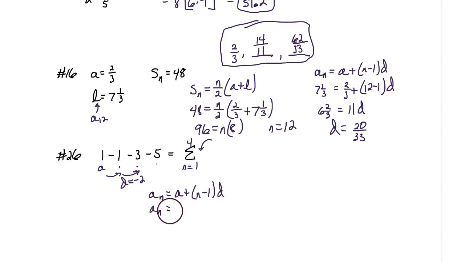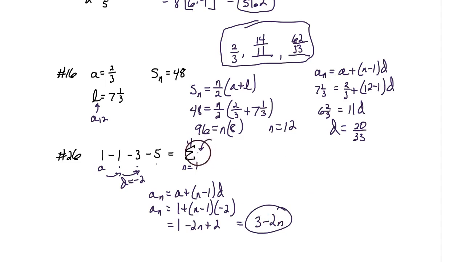So a sub n equals 1 plus n minus 1 times -2. And then simplify the right side. So 1 minus 2n plus 2, and this makes 3 minus 2n. That formula goes right on the side of the sigma symbol, 3 minus 2n. Here is the answer in sigma notation.